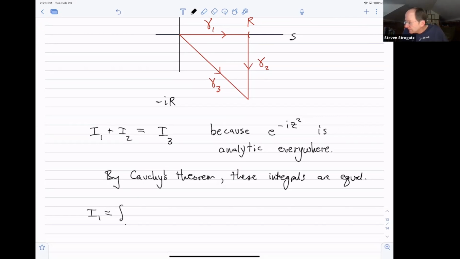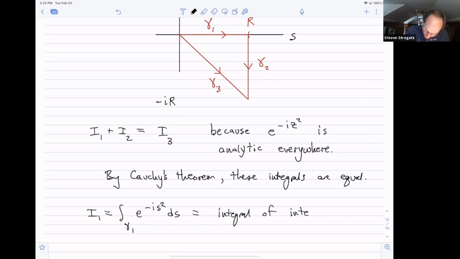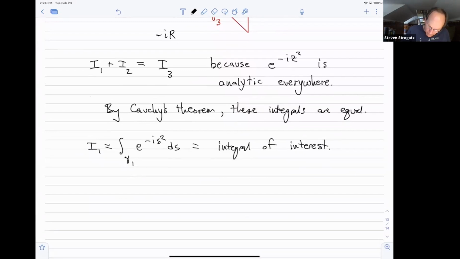So I1, the integral over gamma 1 of e to the minus i s squared ds, equals the integral of interest as R goes to infinity.